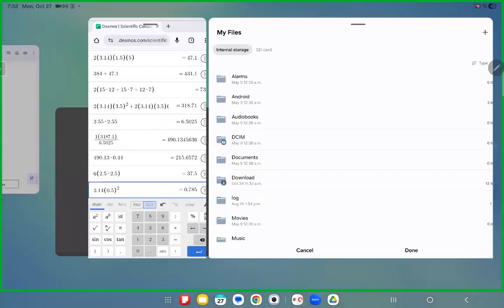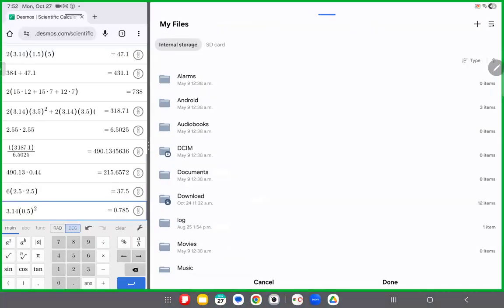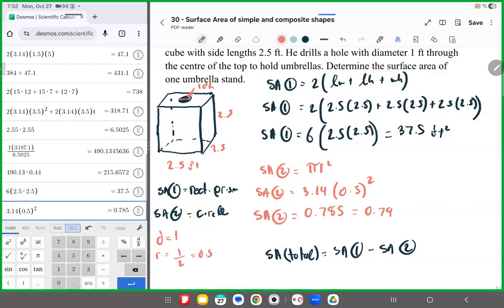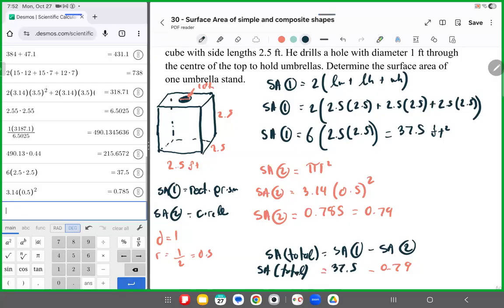Okay, I was like, oh, I hope we didn't lose everything after we went through it. That would have been a disaster. So we're going to minus 0.79 from the surface area of this cube, which is going to be 37.5. And so with that, we're going to have here 37.5 minus 0.79.